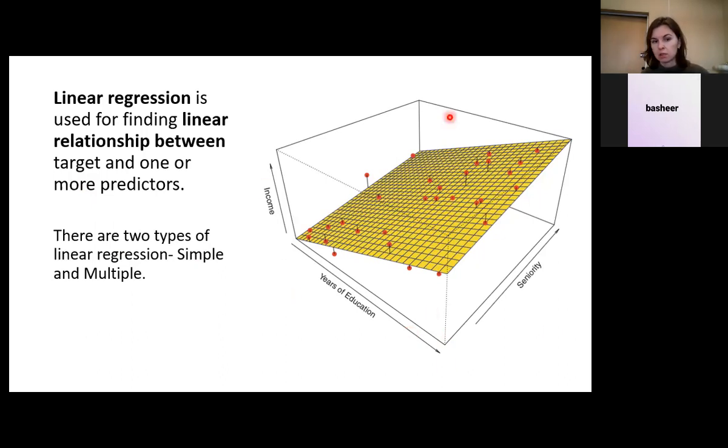In this picture, you may see linear regression for two predictors and one target. The predictors here are years of education and seniority, and the target is income. In this case, we have a plane, a linear object in three-dimensional space, and we want to find the equation which expresses this plane.